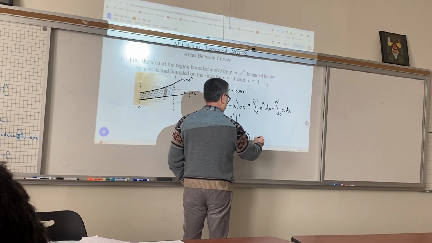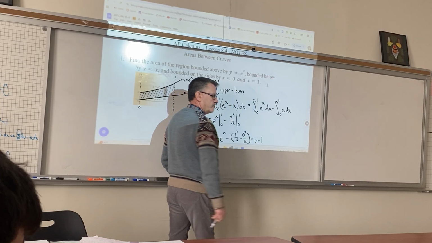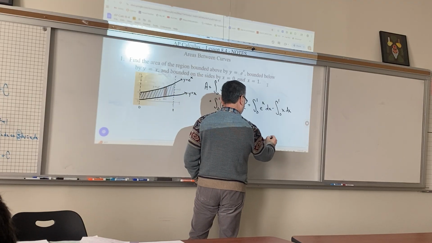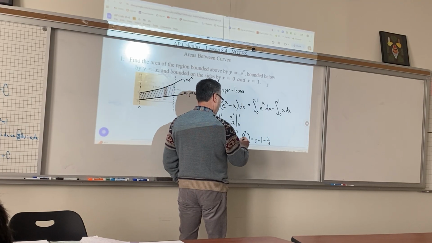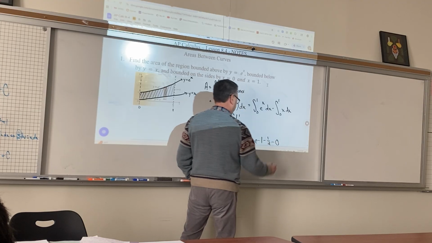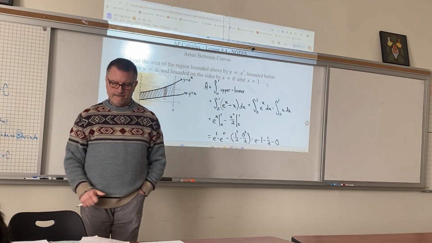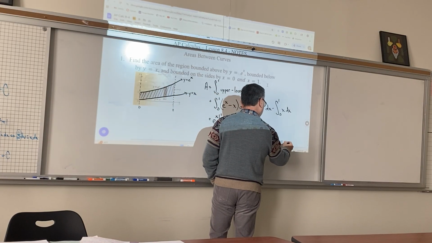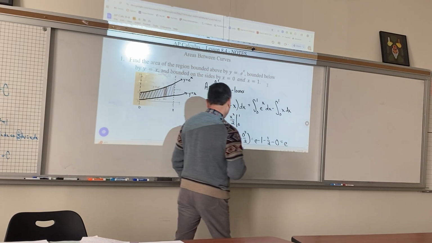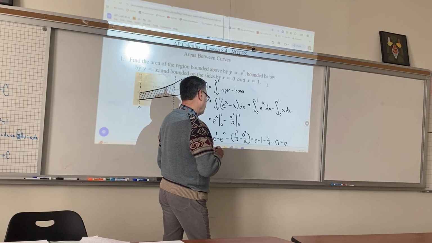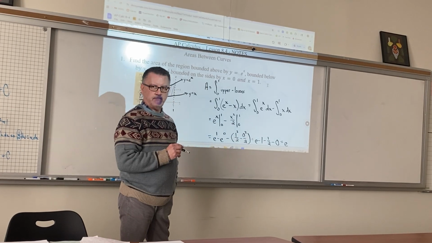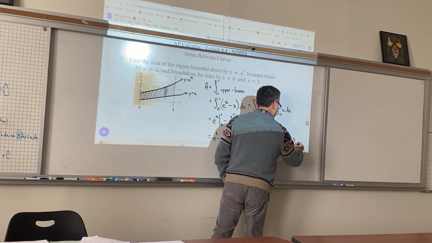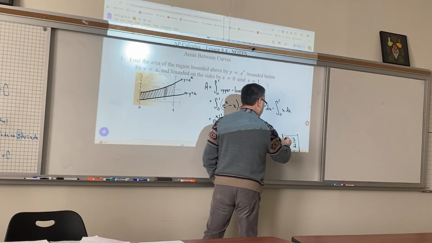Minus e to the 0, anything to the 0 power is just 1. Minus 1/2, minus 0. So it looks like I've got e minus 1 minus 1/2, which is e minus 3/2. There's the area.